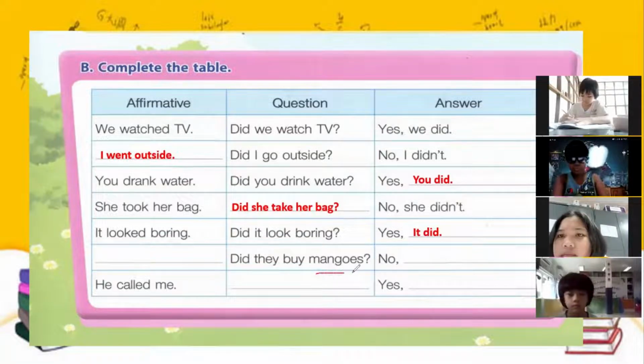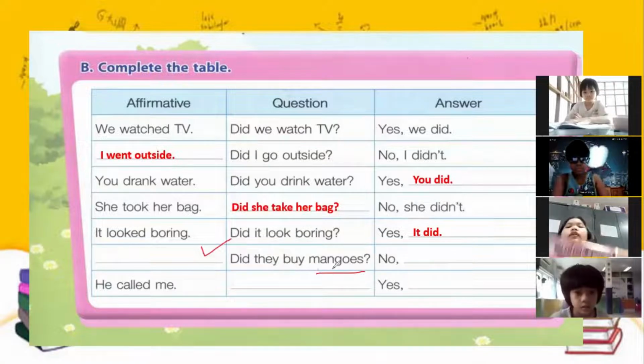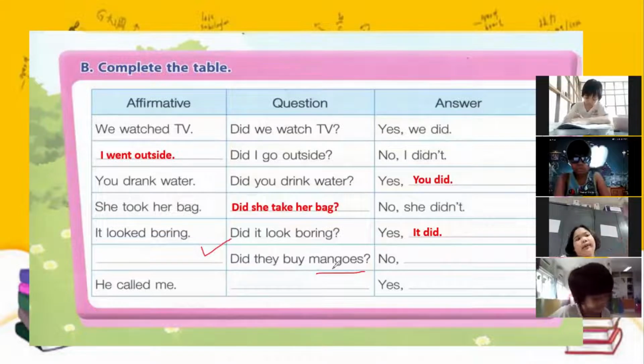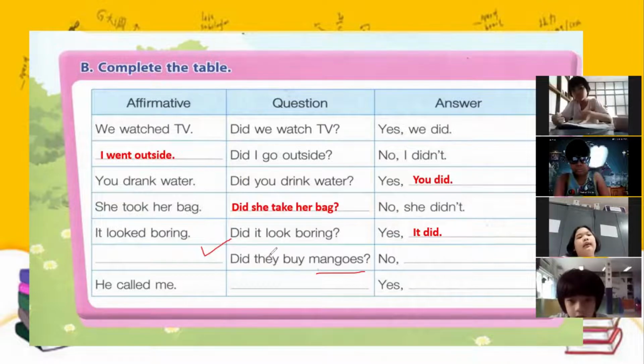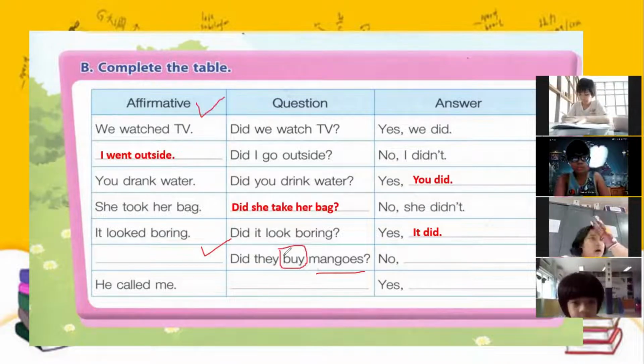Okay, now another sentence we have. Did they buy mangoes? So, Adin, can you tell me what will be the affirmative sentence? Did they buy mangoes? They buy mangoes. Think again. Change the verb. I want you to change the verb, the second form of buy.